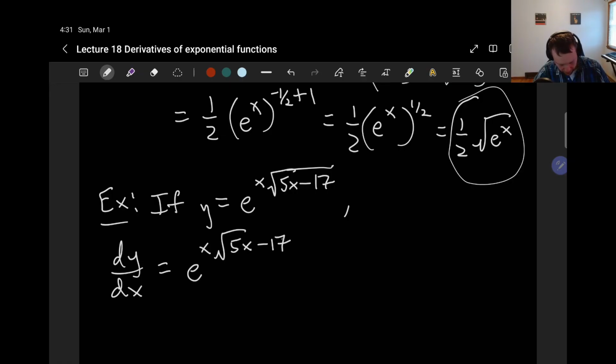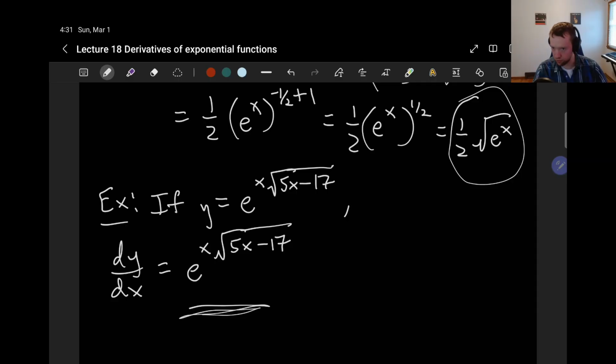Moving a little faster now. So I'm doing chain rule because I have this expression being plugged into the e function. So I'm taking the derivative of the e part, but leaving this inside expression alone for the time being. Remember, the derivative of e to the x is itself.